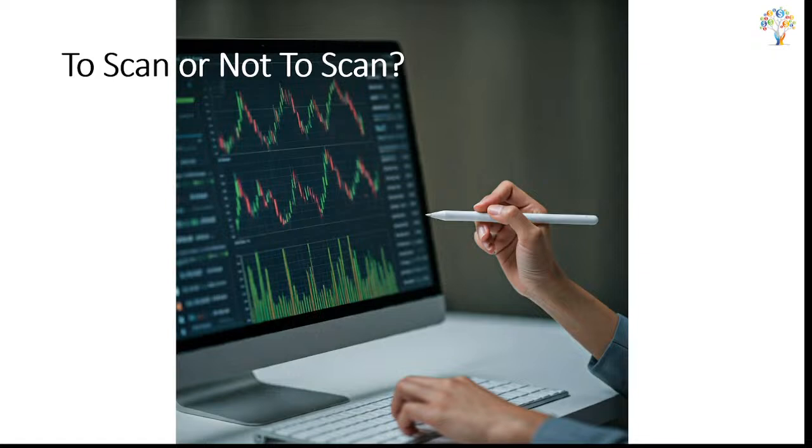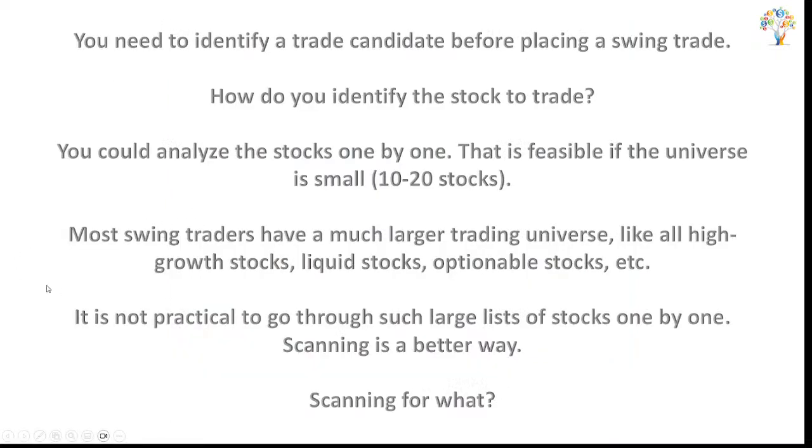To scan or not to scan to find profitable swing trades. You need to identify a trade candidate before placing a swing trade. How do you identify the stock to trade? You could analyze the stocks one by one.